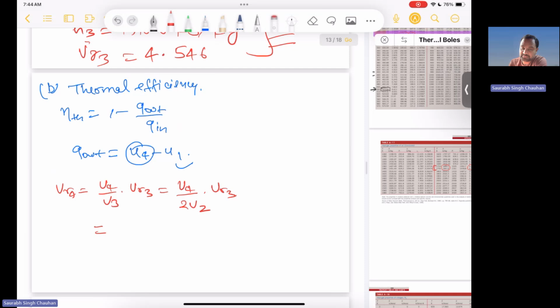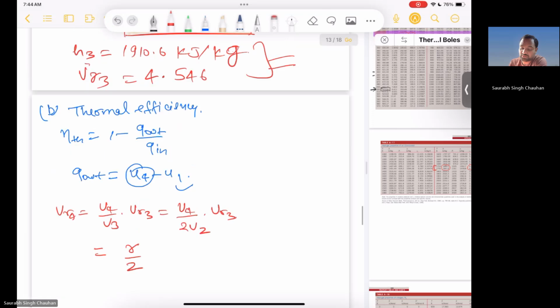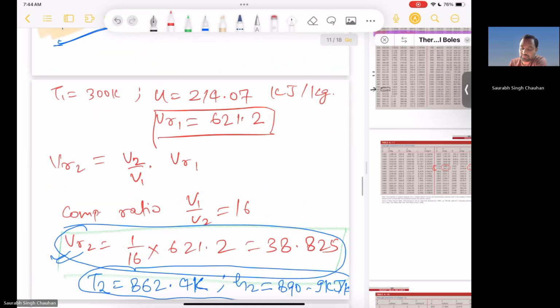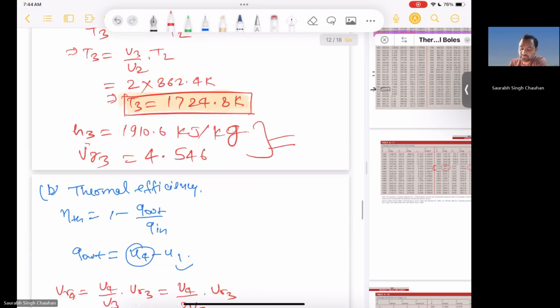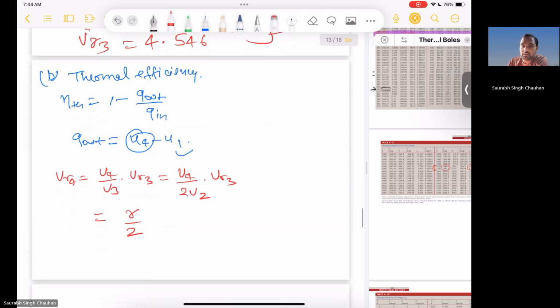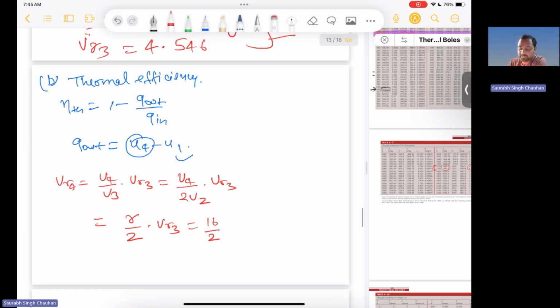So you can write it as r by 2 into VR3, equal to 16 by 2 because r is 16, into VR3.